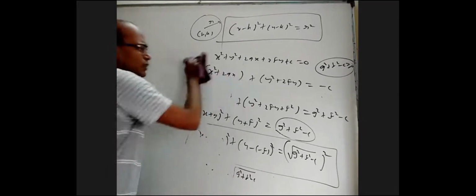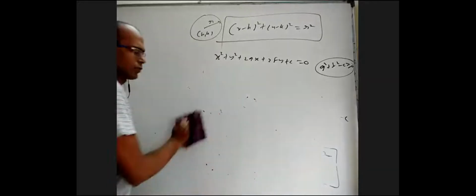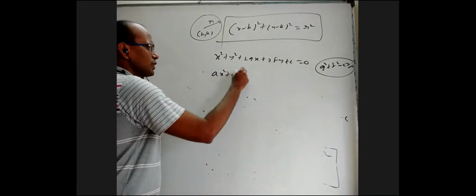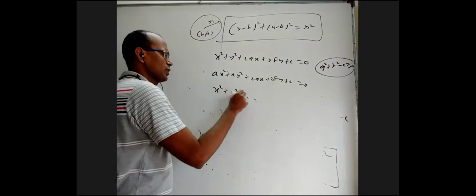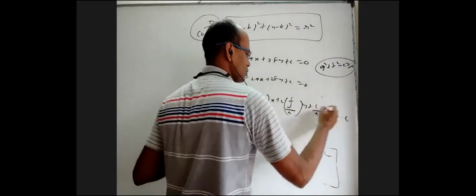What if the x square and y square coefficients are not 1, some other value, but they're equal? What if you have ax square plus ay square plus 2gx plus 2fy plus c equal to 0? Divide by a, you get x square plus y square plus 2 times g by a into x, 2 times f by a into y, plus c by a equal to 0.